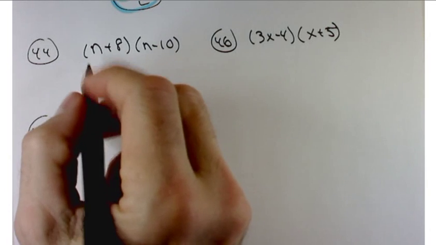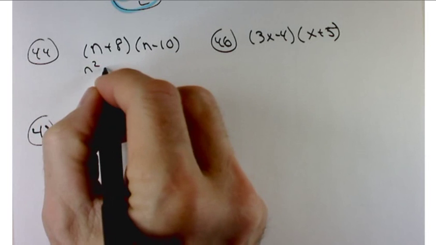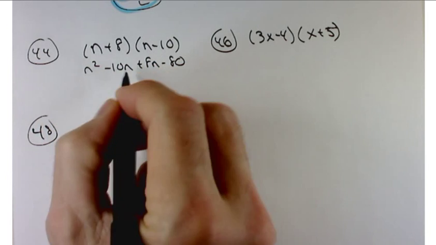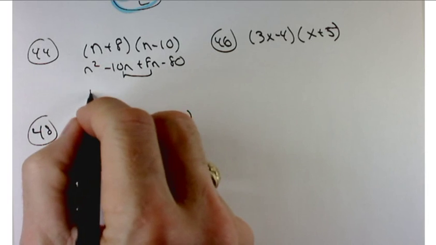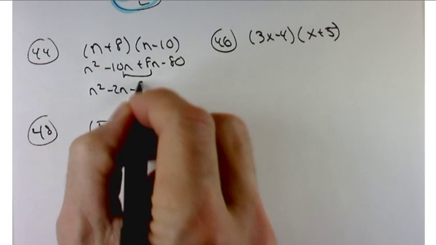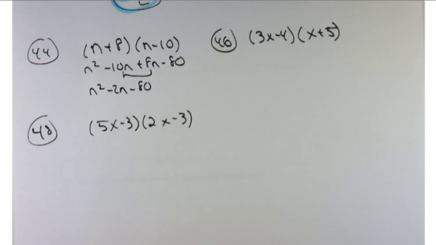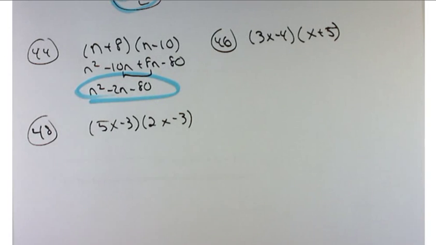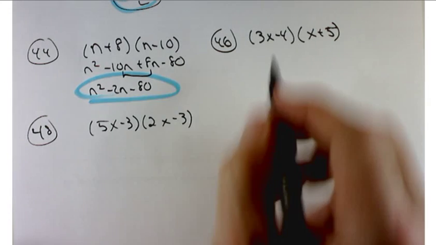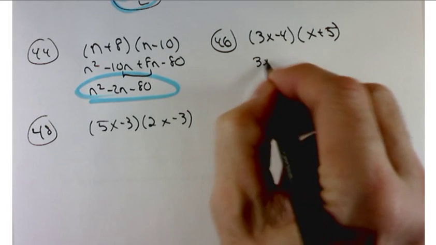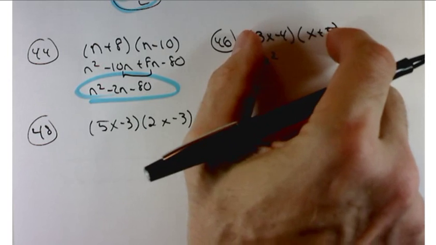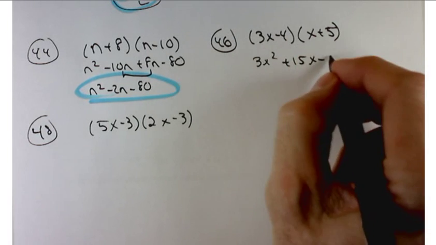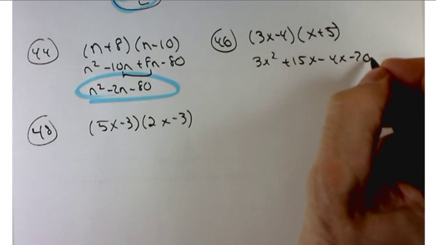So as we FOIL this out, we'll get n squared minus 10n plus 8n minus 80. Combining like terms, I get n squared minus 2n minus 80. So, yay. Got that one down. One down, two to go here. Distributing here, 3x squared. Outside would be plus 15x. Inside is minus 4x minus 20.